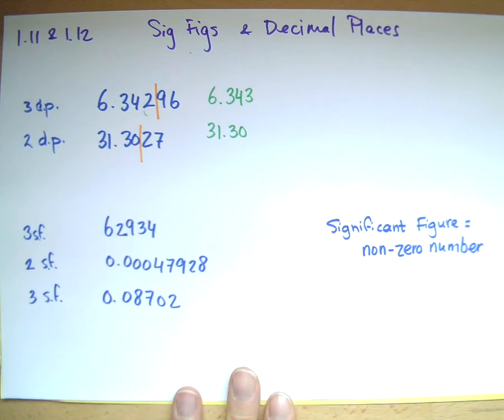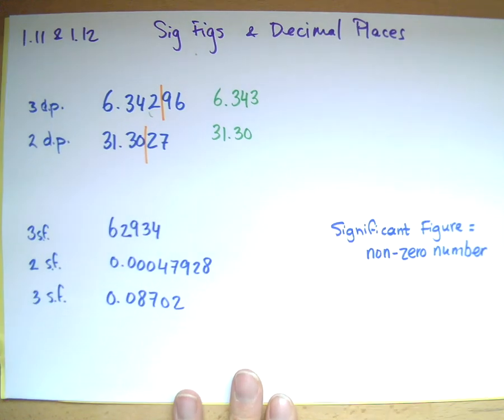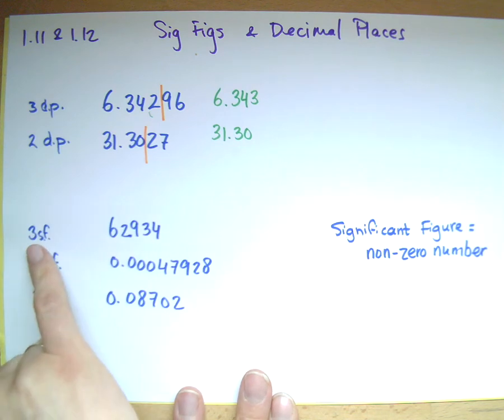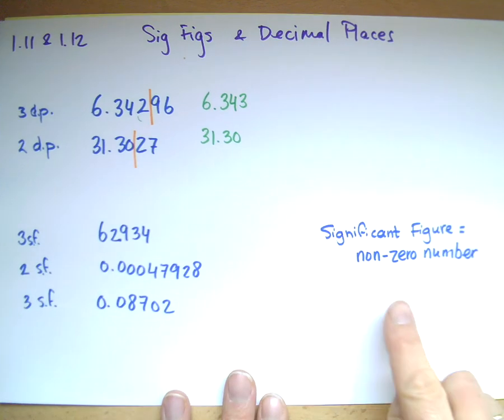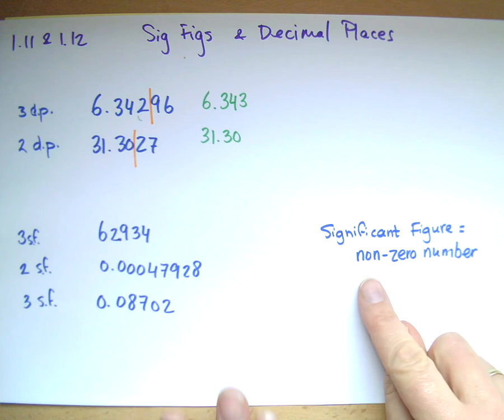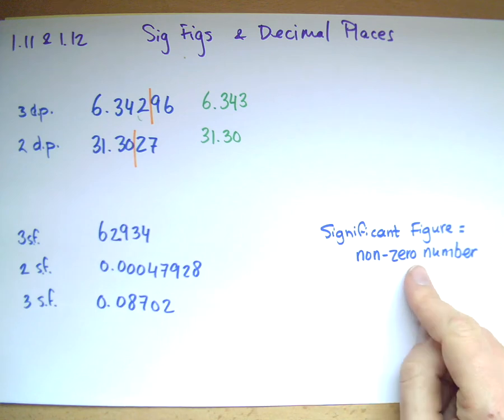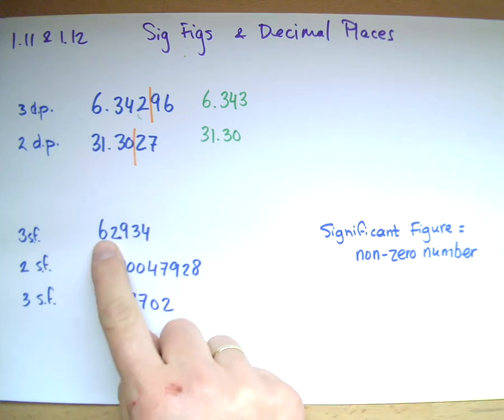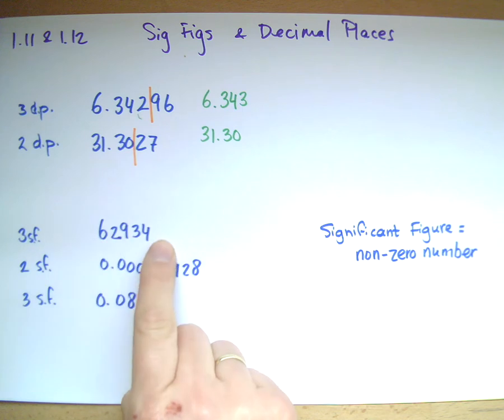Okay. Now, another way of rounding, in a way, is rounding to a number of significant figures. Now, you need to know that a significant figure is a non-zero number. These are 5 non-zero numbers, right?